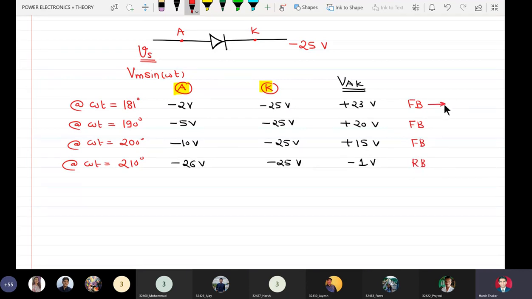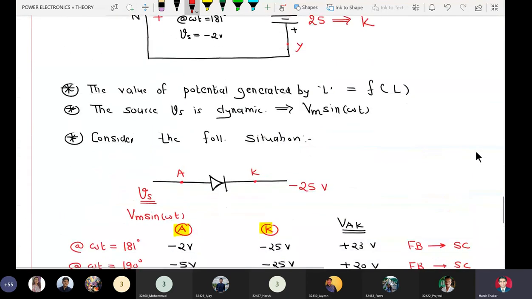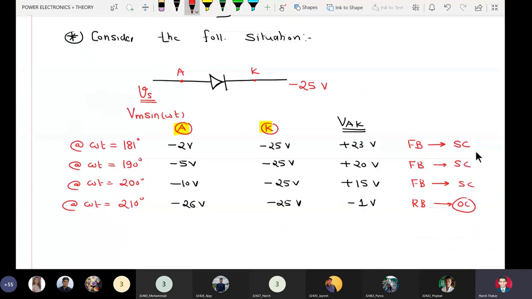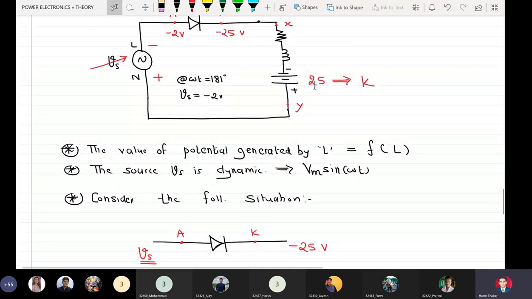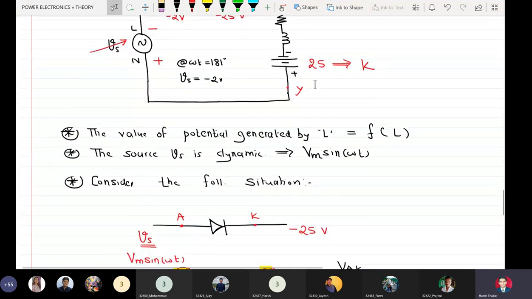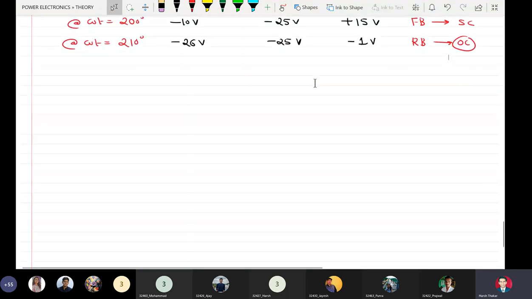So diode will continue to act as a short circuit at 181, 190, 200, and it will act as open circuit only at 210 degrees. That means diode will continue to conduct till 210 degrees, that is, it will continue to conduct 30 degrees into the negative half cycle.